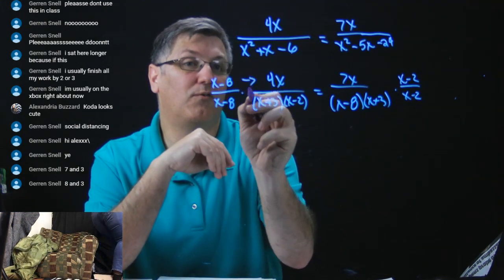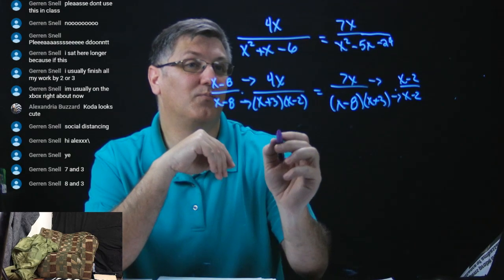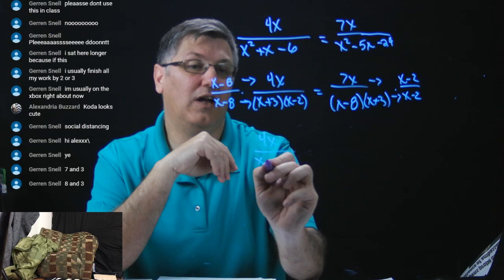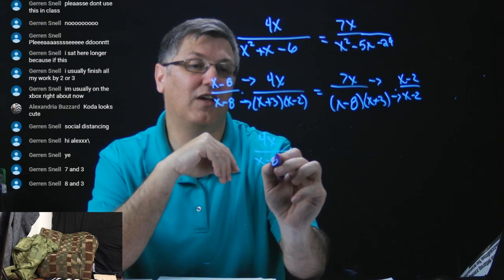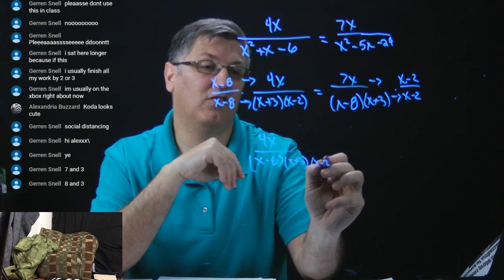So now when we multiply our fractions, we multiply straight across. This gives me 4x times x minus 8 over x minus 8, x plus 3, x minus 2.